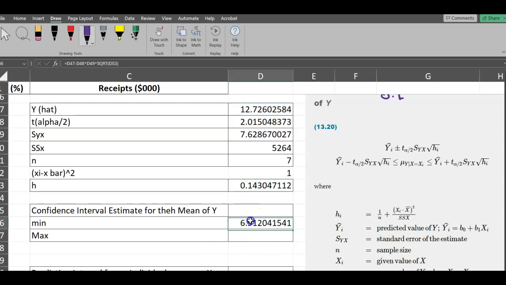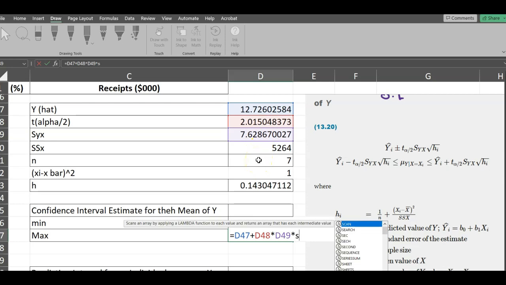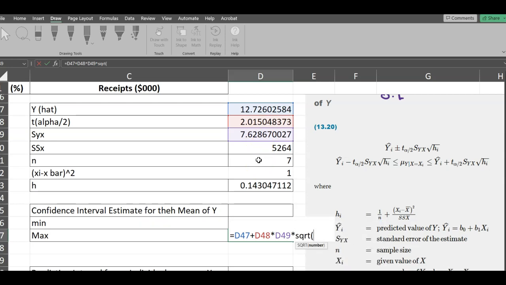All right, so we're going to do exactly the same thing for the other side with a plus sign. So equal sign, this value plus the t value times the standard deviation times the square root of h, sqrt, and then the h value, this one, and enter. There you go. We get these 2 values.